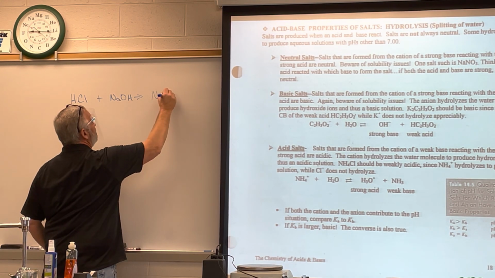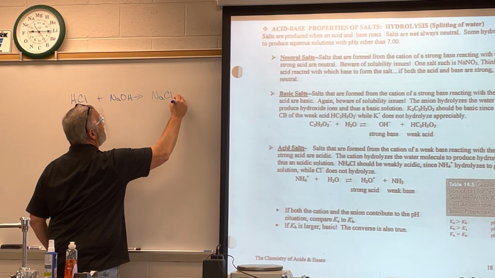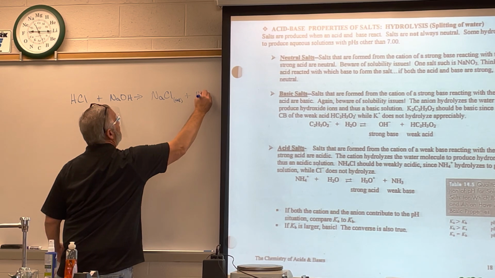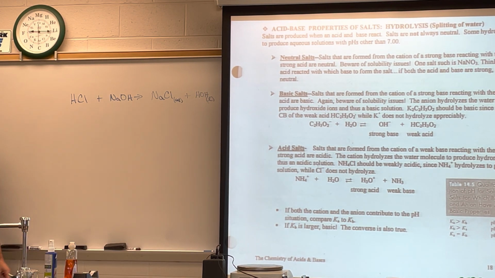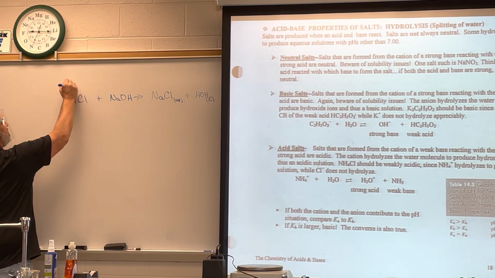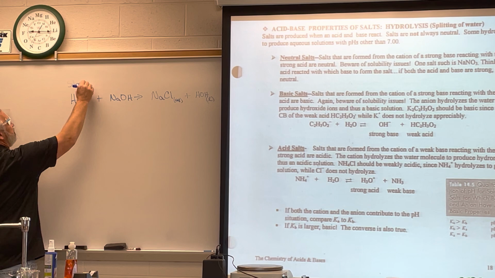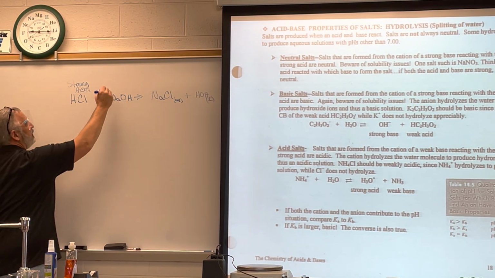NaCl and water. That's going to be aqueous, and I'm going to have water, HOH, liquid. So what type of acid is HCl? This is a strong acid. What about NaOH? Strong base.